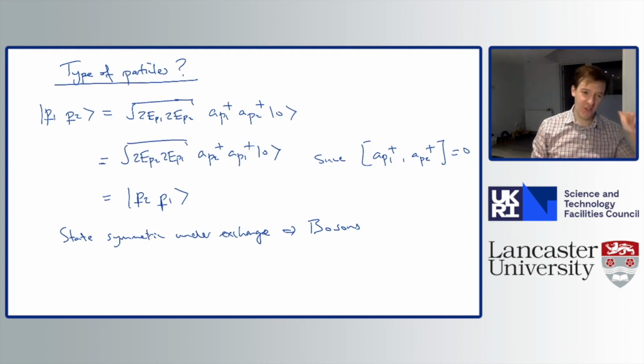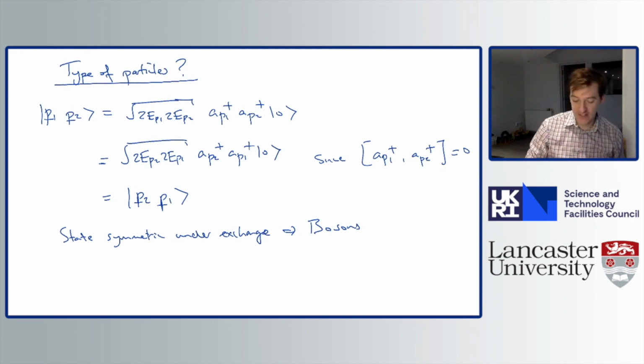And another thing that you can start to see from this is that fermions are going to be particles that are anti-symmetric under exchange. So they must pick up a minus sign under exchange. So you can get a hint of the fact that fermions must have something different that isn't just this commutation relation. Indeed, it turns out that quantizing fermions is slightly different.